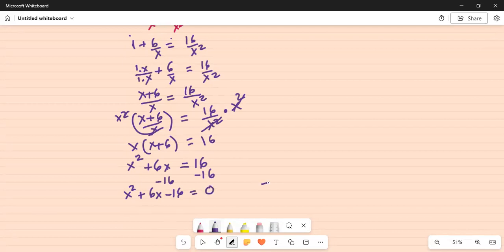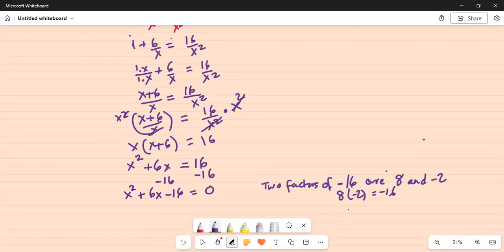Now, two factors of minus 16, because the constant term is minus 16, are 8 and minus 2. Notice 8 times minus 2 is equal to minus 16, and 8 minus 2 is equal to 6.